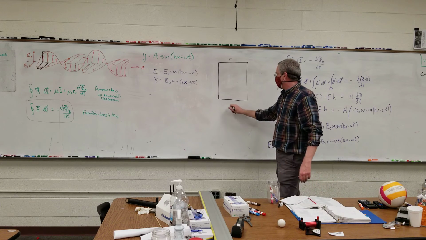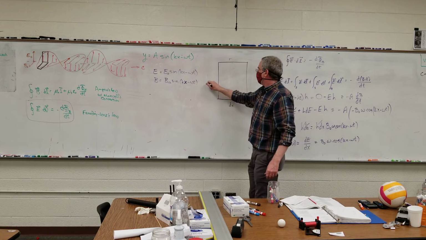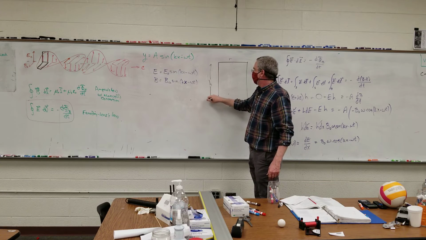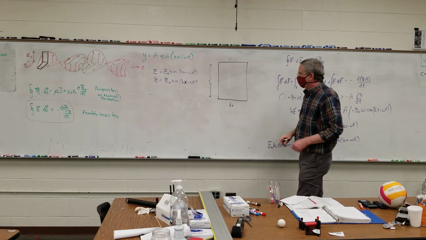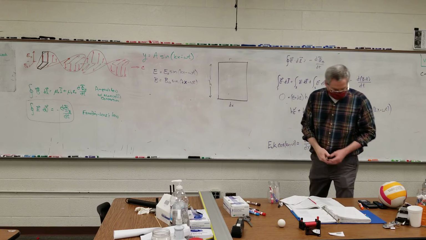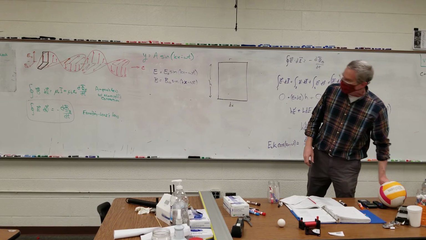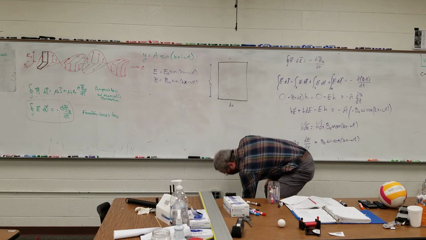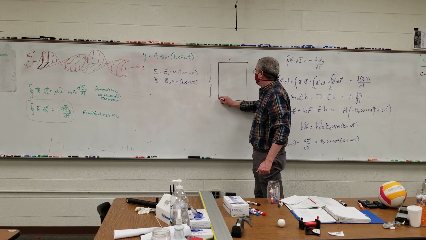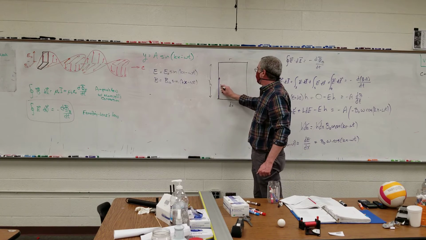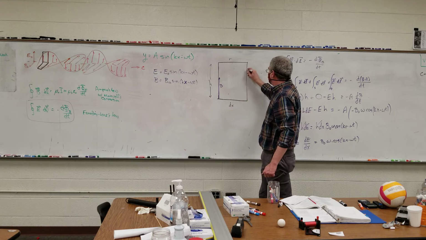It's still going to be dx. This is h. My magnetic field over here is some magnitude of B, and over here it's B plus dB.